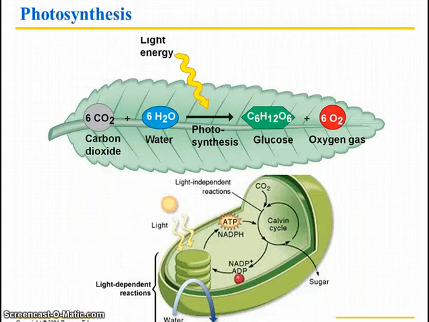Okay, let's see how we make that glucose and oxygen. That happens at photosynthesis. So plants are using light energy, and they need carbon dioxide and water and light energy to go through photosynthesis. So what happens at the chloroplast is you've got the Calvin cycle.